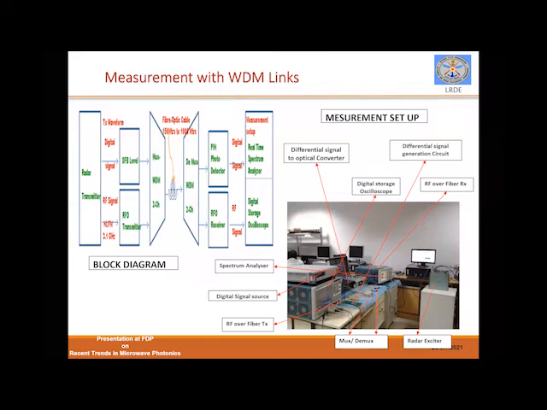So the signal is converted to the optical domain by using an RF transmitter; this will be assigned lambda 1, this will be assigned lambda 2, and these signals are multiplexed, and the multiplexed output is again demultiplexed and converted back. For this, a simple PIN diode is used, and an RF receiver is used to convert back to the RF signal.